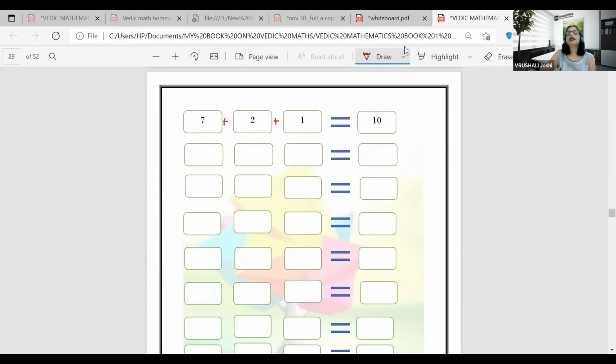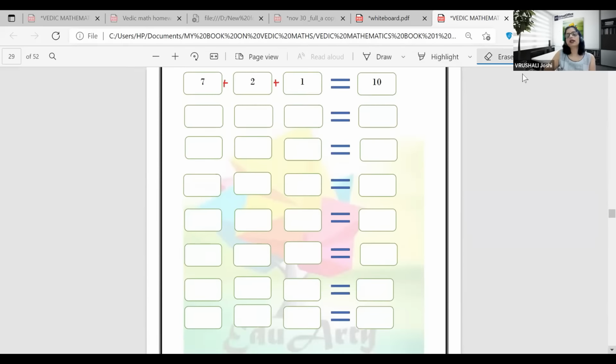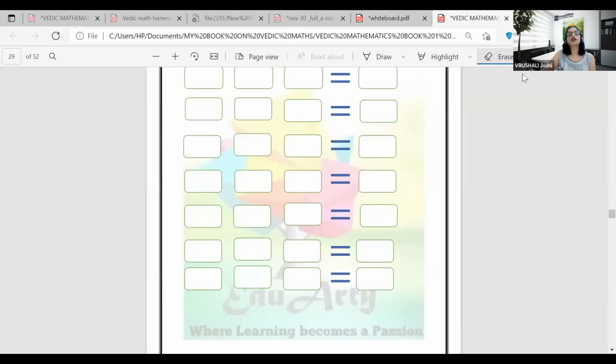Now, next time, you cannot use the combination like 2 plus 7 plus 1. No, not allowed. The combination of numbers can be taken only once, whichever number comes first. So if 7, 2 and 1 combination has already been taken, you cannot use it again. Can you all try to find out which are the remaining combinations of tens?